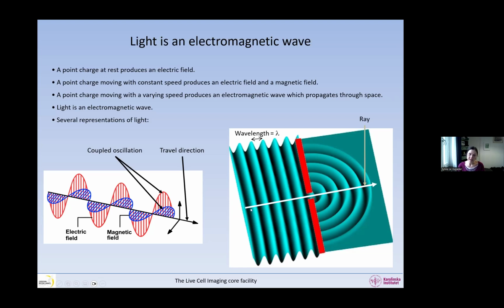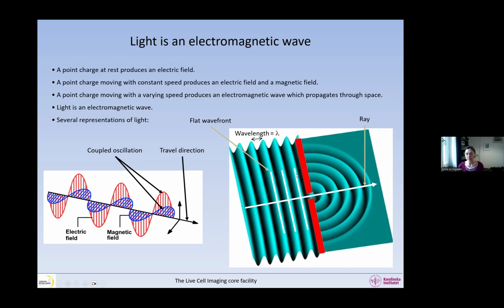Another way to represent light is ray optics. In ray optics, all we represent is the direction of light. We don't say anything about the wavelengths, or about the fact that it oscillates. We just represent the direction. But another way to represent light is with the wave front.